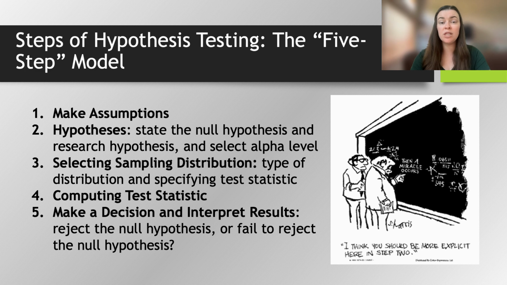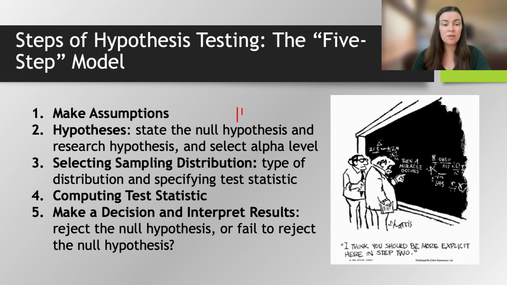Step 2 is where we deal with our hypotheses, so both our null and our research or alternative hypothesis. There's a second component here in terms of selecting the alpha level, but let's first start off with our hypothesis discussion. This is where we're going to state the null hypothesis. And the way we do this is through statistical notation rather than actually writing out the word null hypothesis.